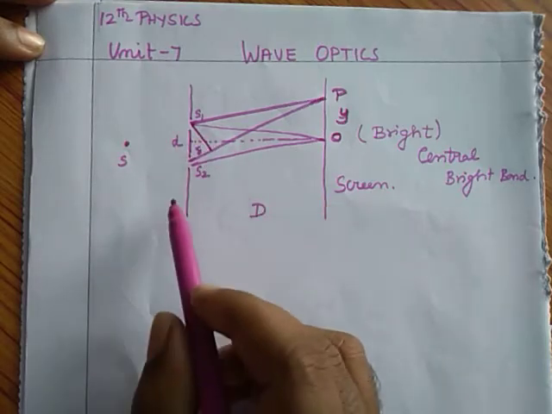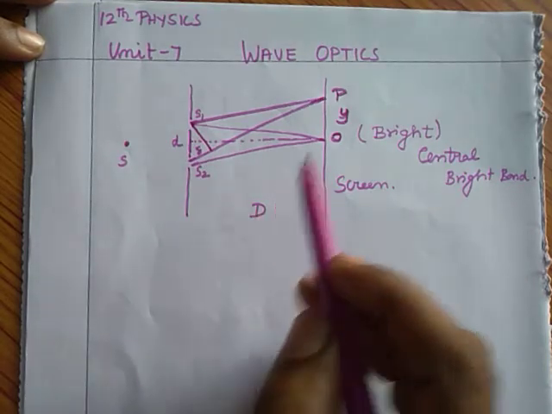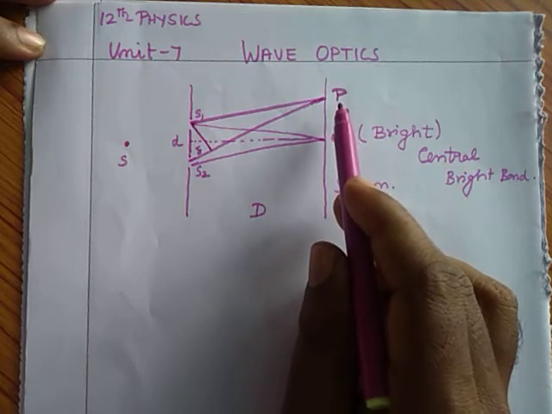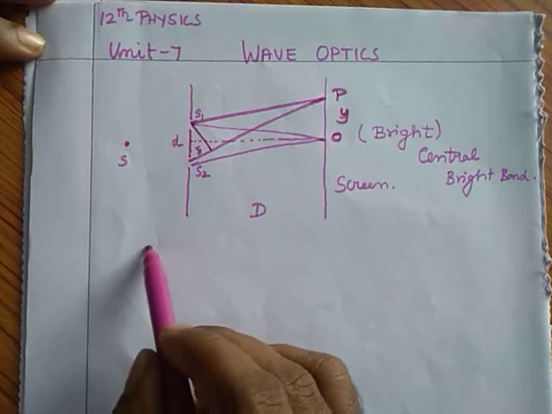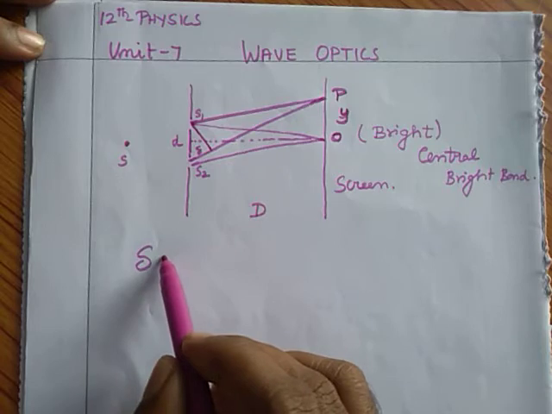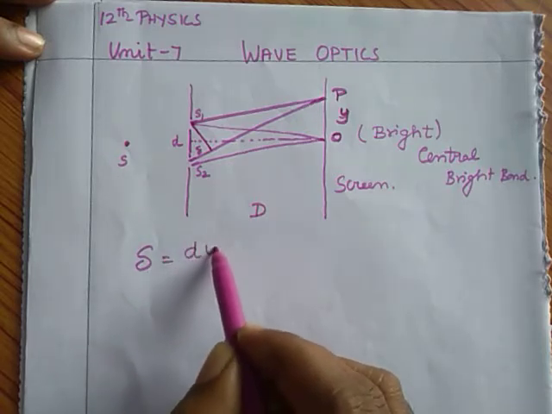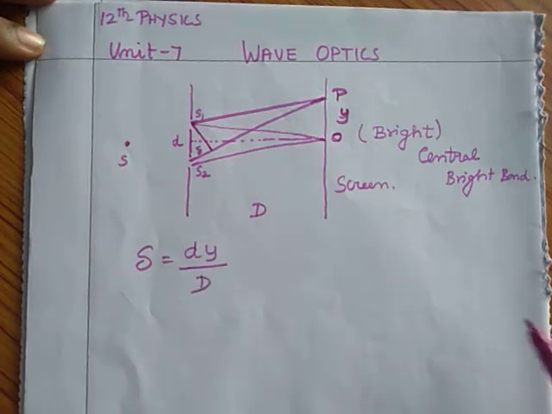We found that path difference alone determines whether the point P is bright or dark. That path difference delta is equal to dy by capital D.